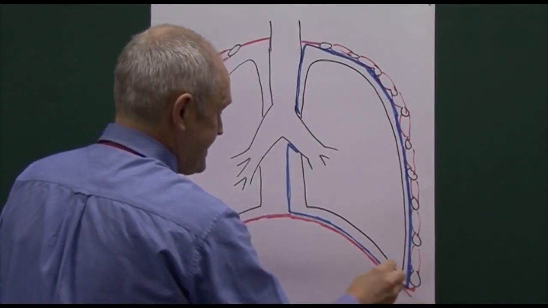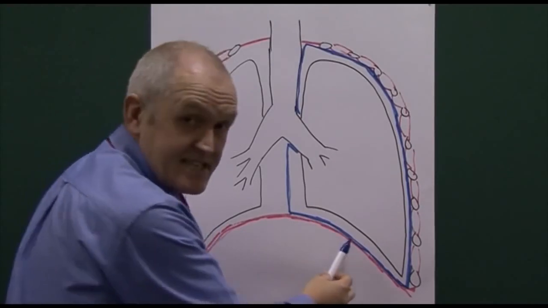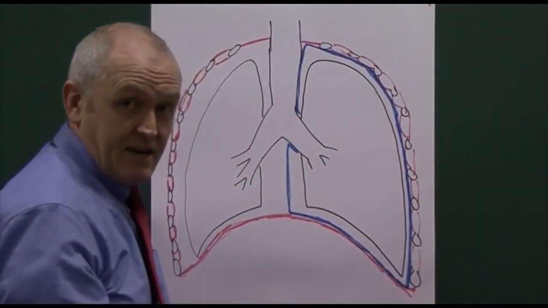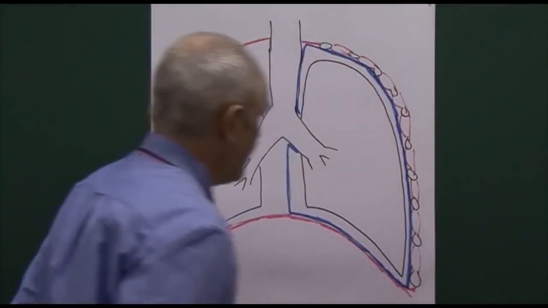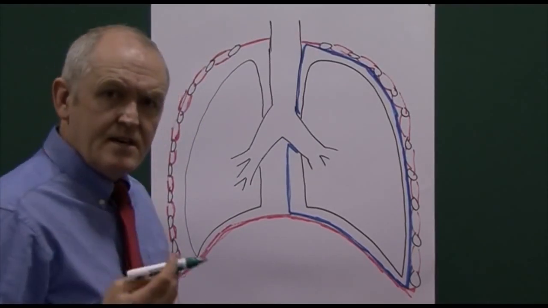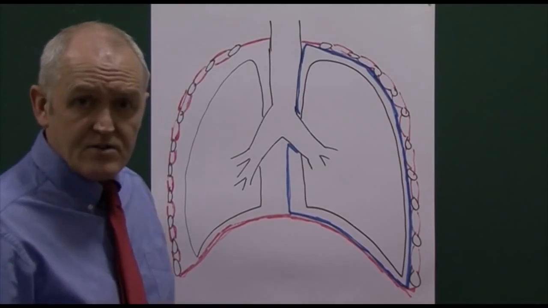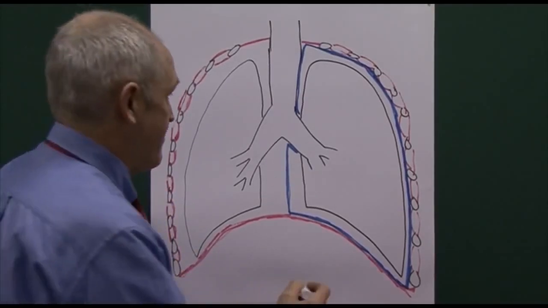And it's physically attached to these structures. It's physically attached to the diaphragm. It's physically attached to the inside of the thoracic cavity. But then surrounding the surface of each lung is the visceral pleural membrane, the inside one. So the outside one is the parietal, the inside one is the visceral pleural membrane.